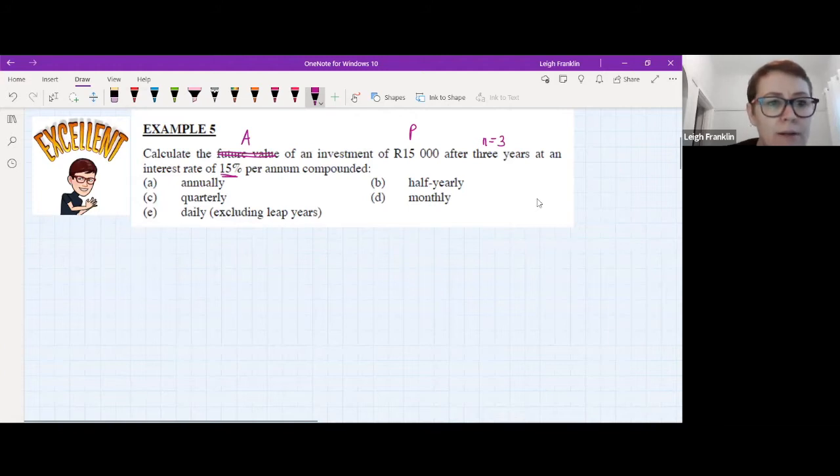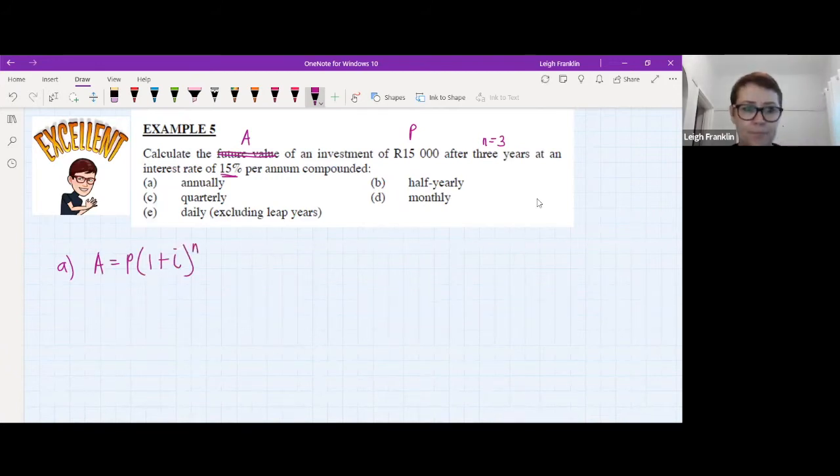So our first thing that we're going to do: A equals P(1 plus i) to the power of n. When we want to calculate the value of A, very easy, we sub in our 15,000, 1 plus our interest rate. Because it is annually, it's going to be 0,15 over 1, because it's compounded once a year.